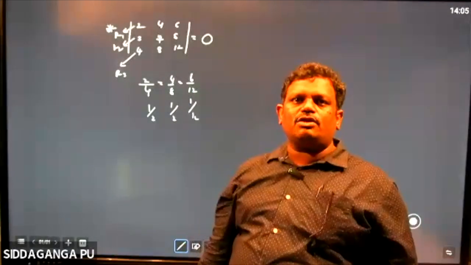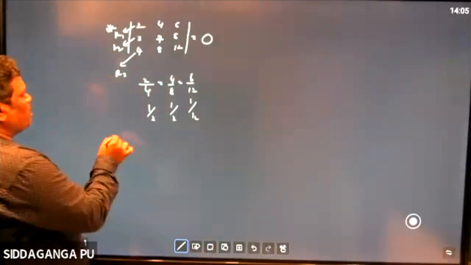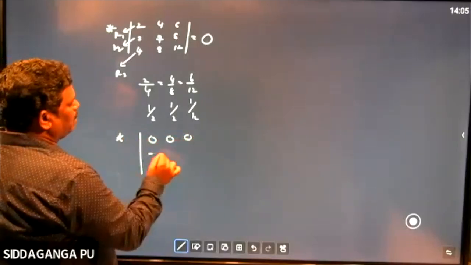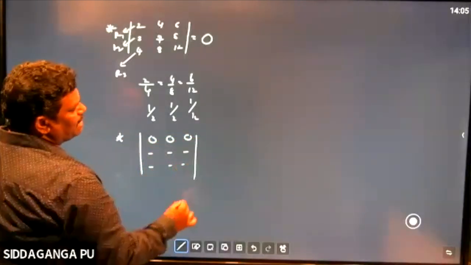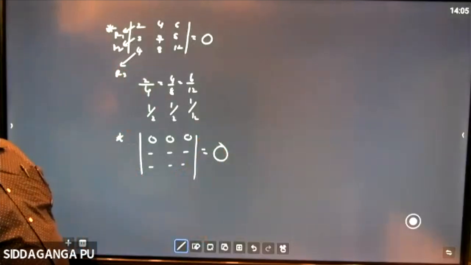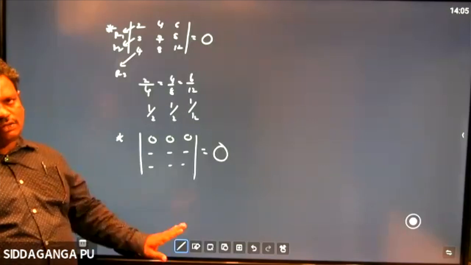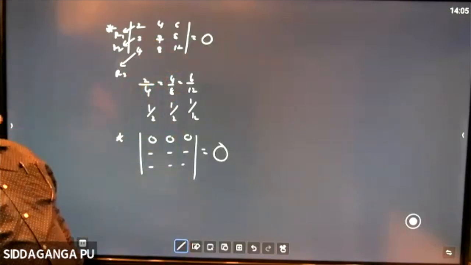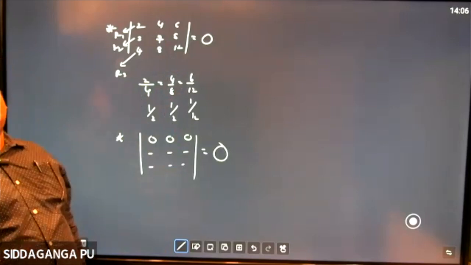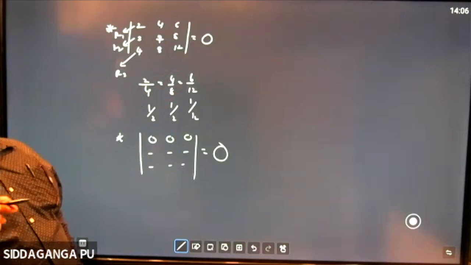Without calculation we can write 0. Next, if in any determinant all the elements of a row or column are 0, whatever the remaining values are, the total determinant value is also 0. In this property, if any two rows or two columns are identical or proportional, the value is equal to 0.